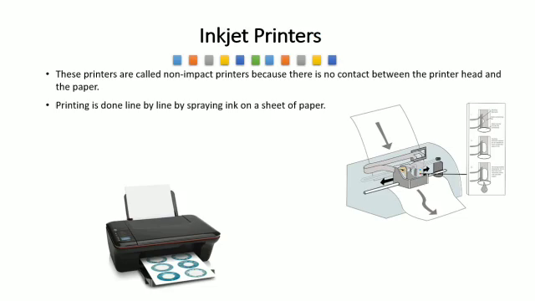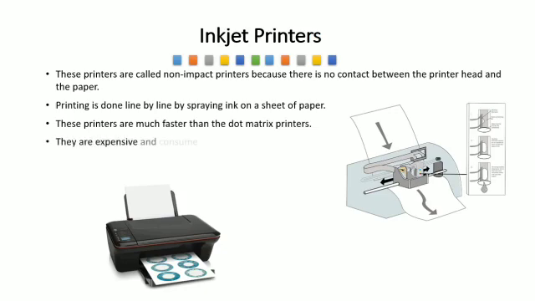So here from the nozzle the ink is sprayed on paper to print in the particular shape. These printers are much faster than the dot matrix printer. They are expensive and consume more ink. Ink cartridges are used in inkjet printers.